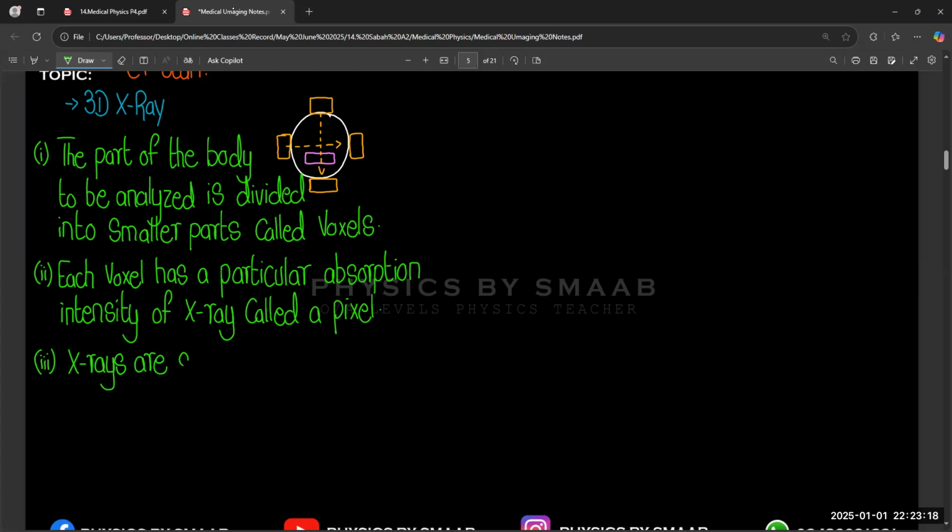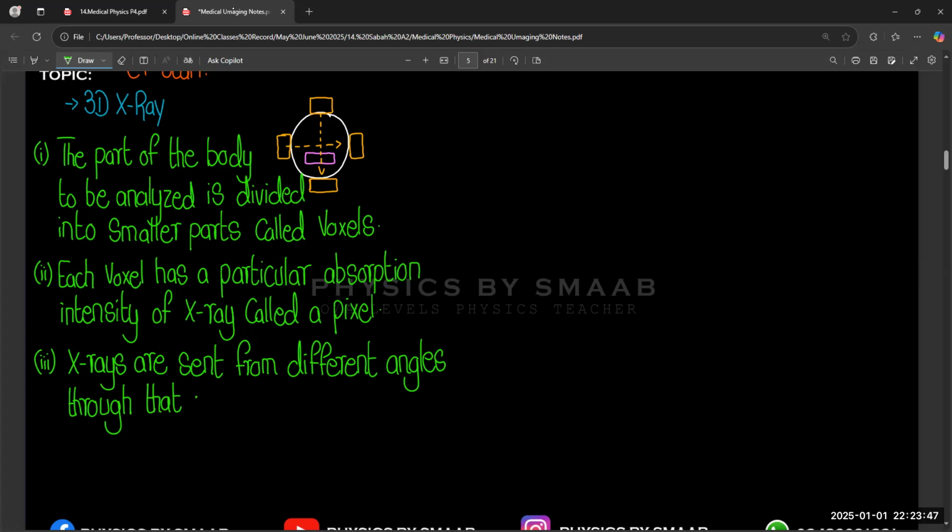So X-rays are sent from different angles to that specific part, and a two-dimensional X-ray image is produced in the computer.